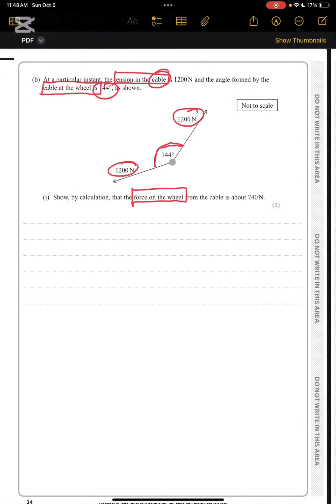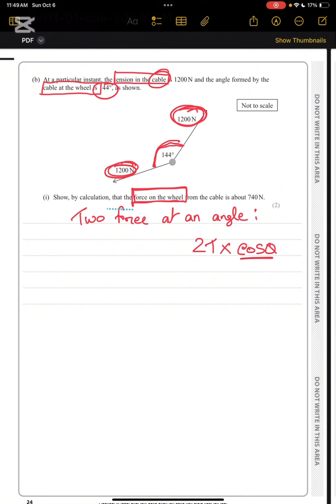There are two forces at an angle and we have to find the force on the wheel. The formula is 2T cos theta by 2.